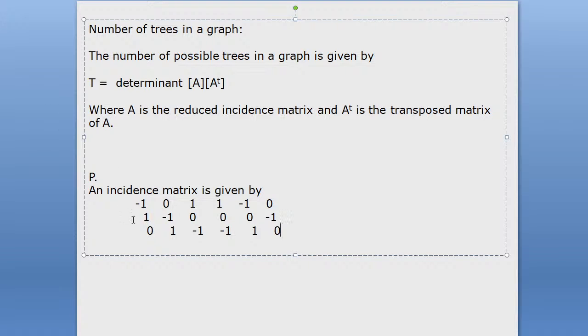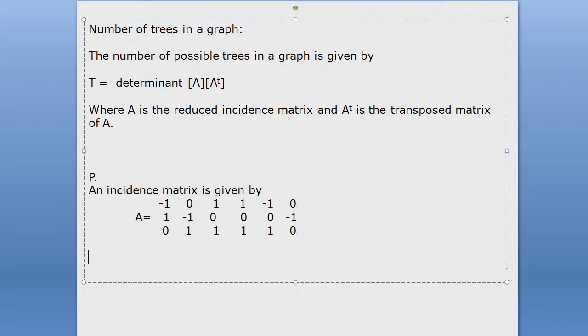Okay, this is an incident matrix, A equal to these things. Now you calculate the number of possible trees for this incident matrix.